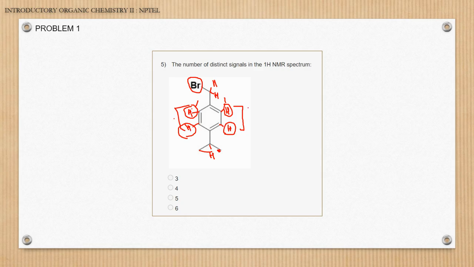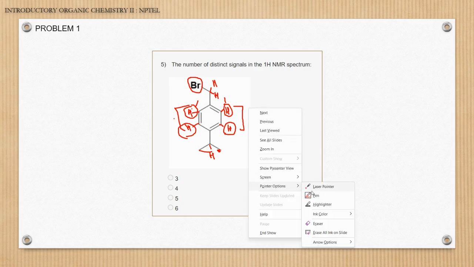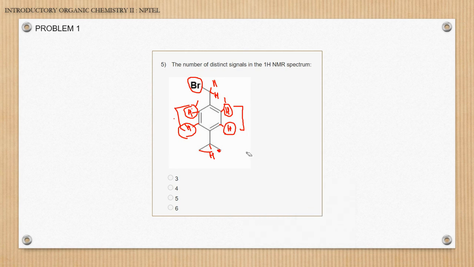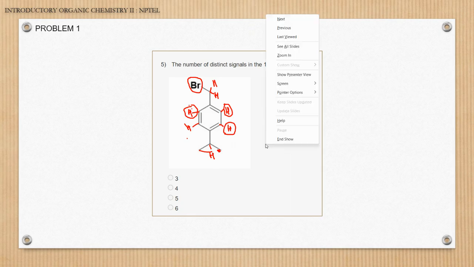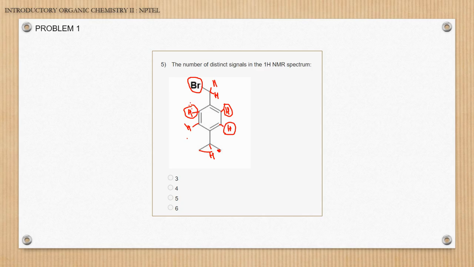So now we come to a conclusion that these 4 protons are not identical, right? So now, these two protons which are present in the same environment will show a similar chemical shift and will show one signal in the 1H NMR, right?